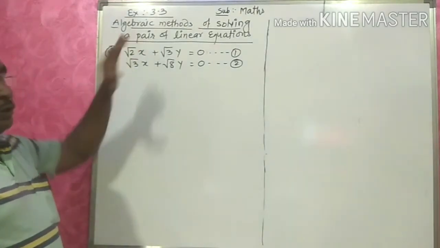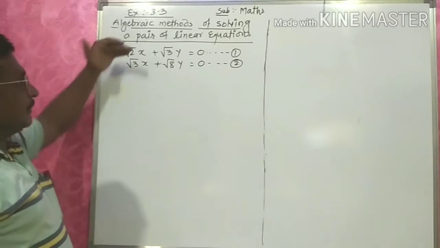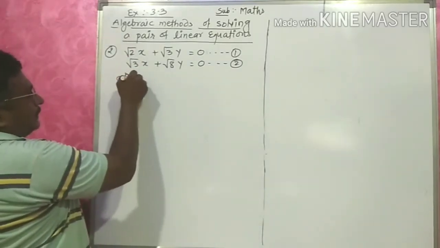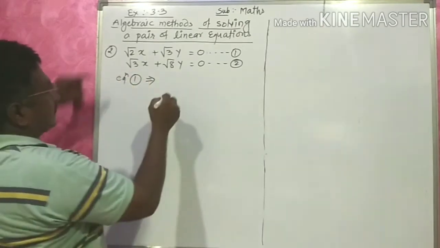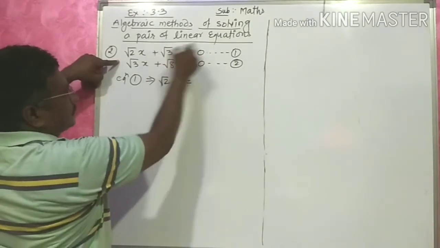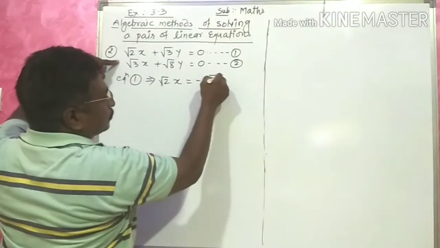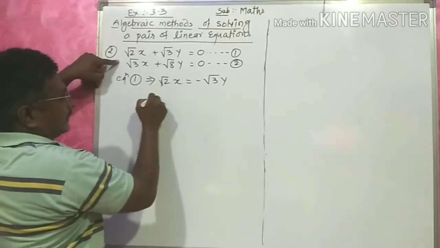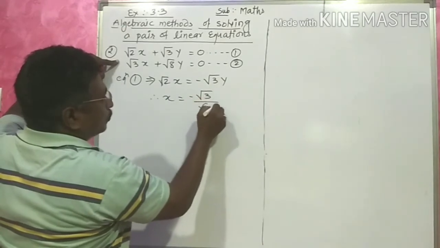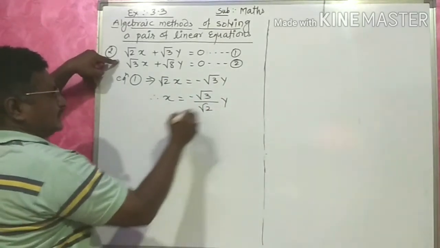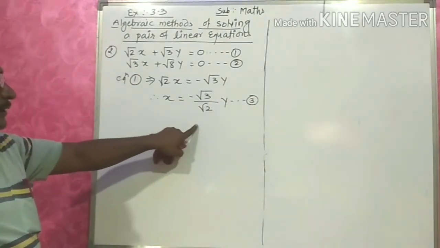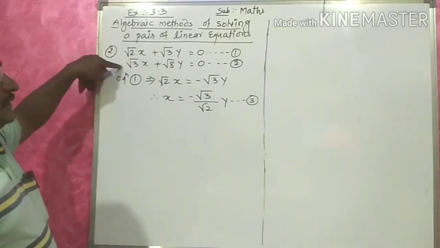Out of the two, we have to transform any one equation. Take equation 1: root 2 x equals minus root 3 y, transferring it to the other side. Therefore x equals minus root 3 by root 2 y. This is equation number 3. This value of x we will substitute in equation 2.